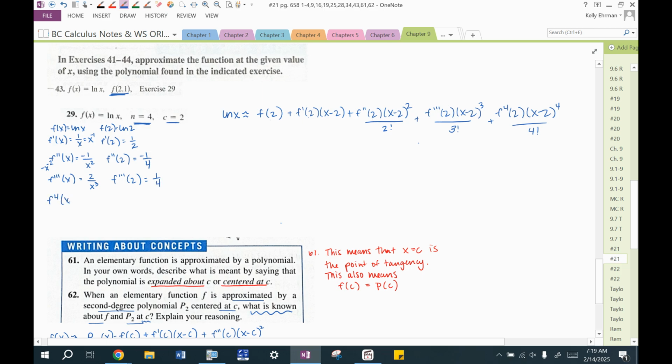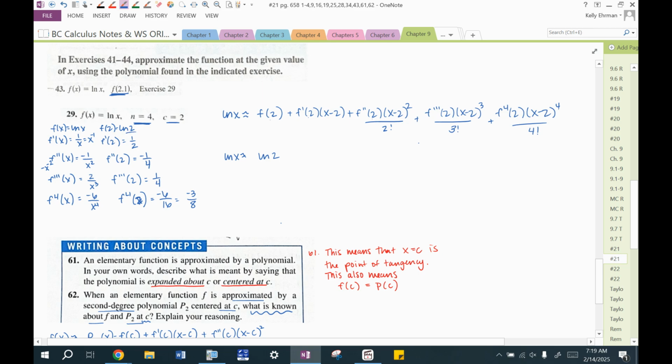And last one, the fourth derivative is going to be negative 6 over x to the fourth, and the fourth derivative at 2 will be negative 6 over 16, which is negative 3 over 8. You don't have to reduce it. I just did because it's easy. All right, so ln x is approximately equal to ln 2.